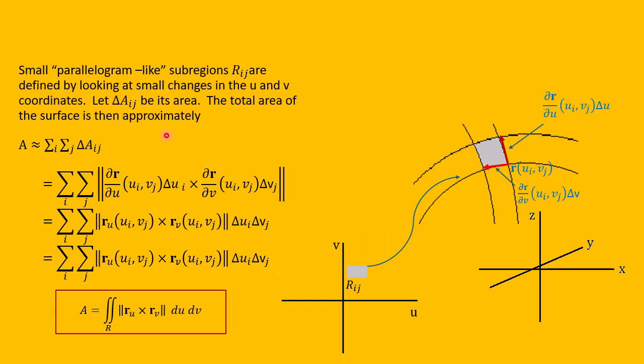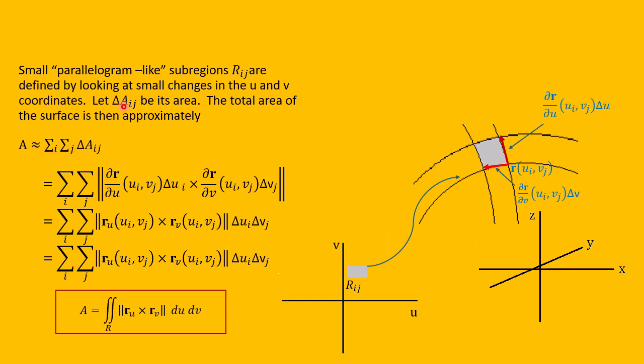So what we're going to do then is to approximate the area of these in terms of areas over here. So here's what we'll do. We'll say that A is the sum over all i and j of delta A sub ij, and this is approximately equal.